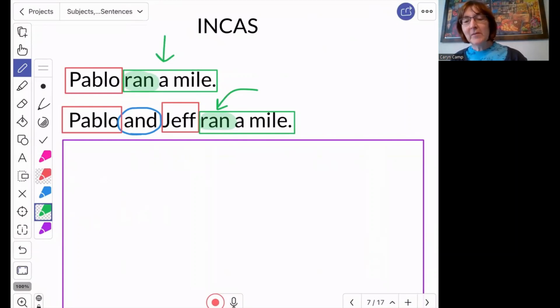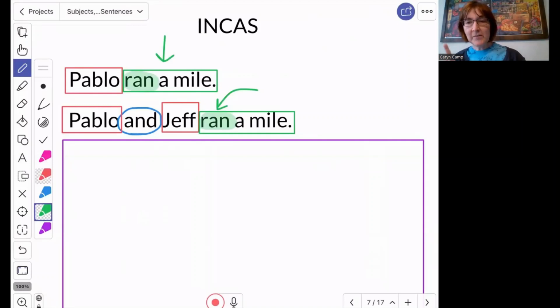When we use the word compound, when we're talking about a subject or a predicate, we're just talking about, is there the word and involved, right? Do we have 2 subjects doing something, or are they doing 2 things? If they're only doing one thing, we just call it the complete predicate or the simple predicate.